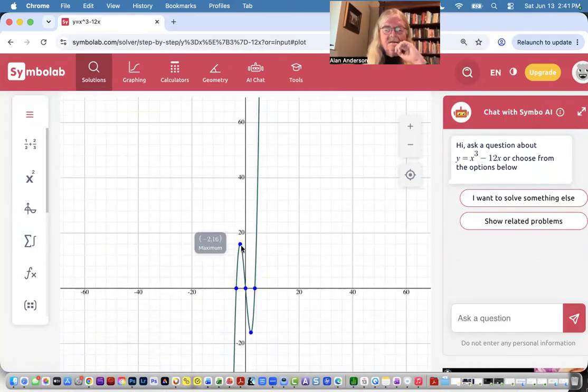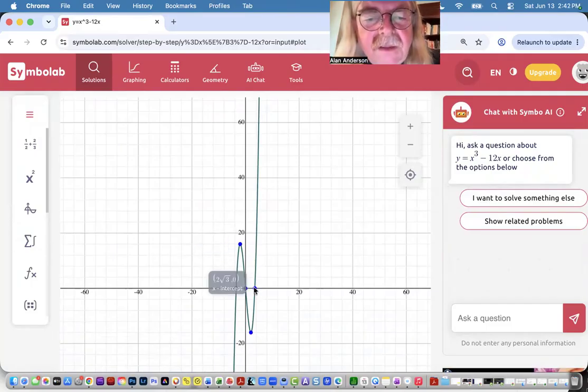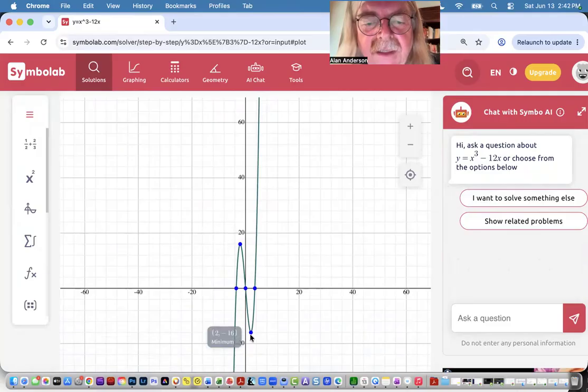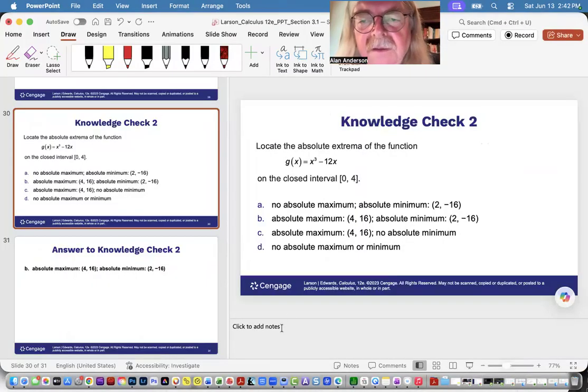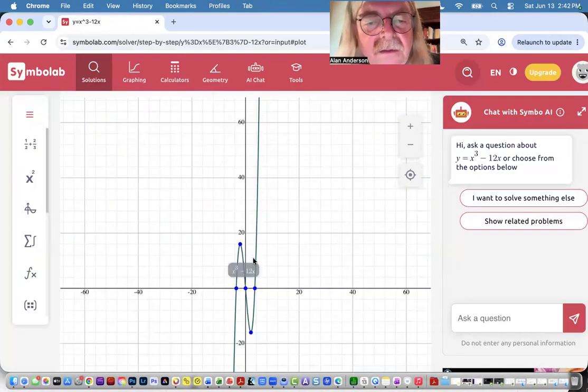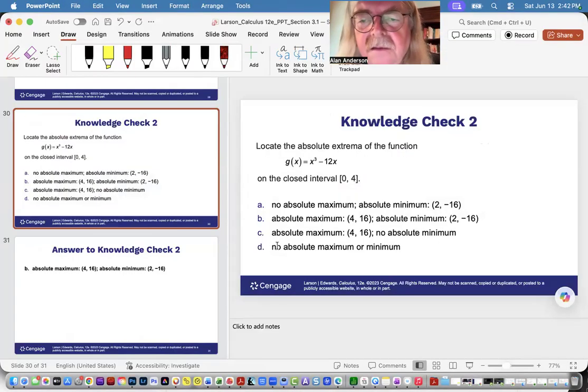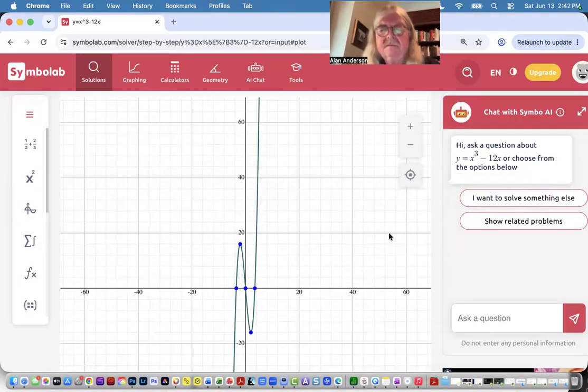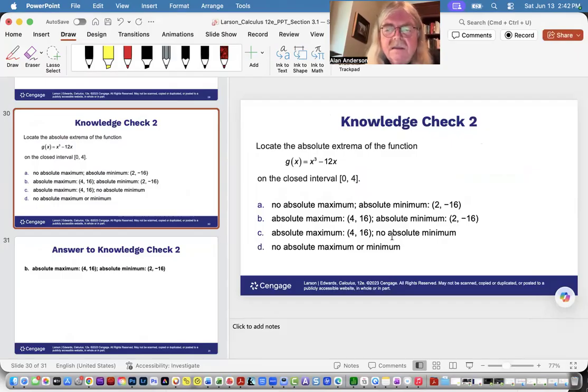Oh my God, look at this thing. And the interval of interest will include all of this part. So we've got a maximum and a minimum.